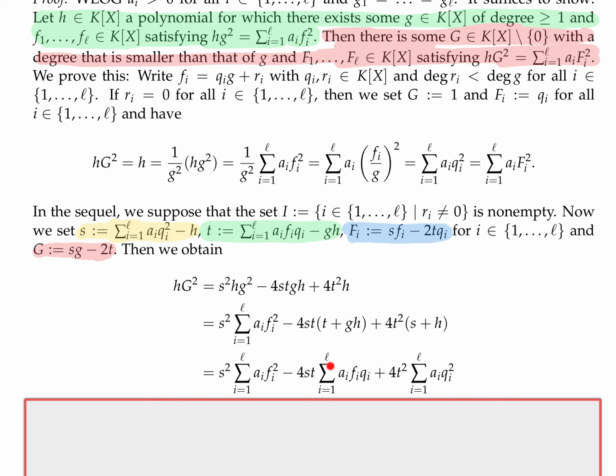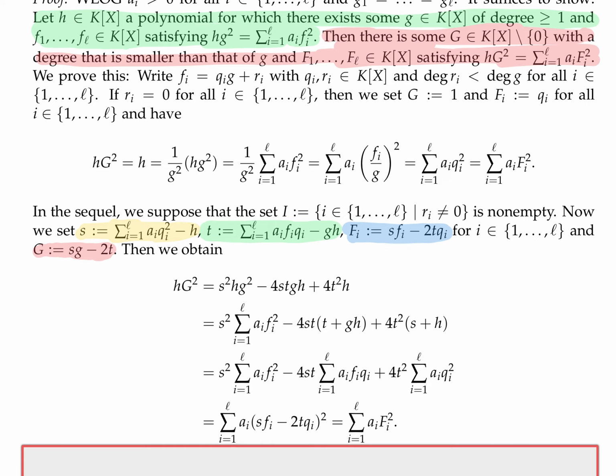And s plus h is exactly this thing. Okay. And now I have everywhere the sum from i equal 1 to L, so I can put it on the outside here. And when I have everywhere the ai with weight, I can put it here.